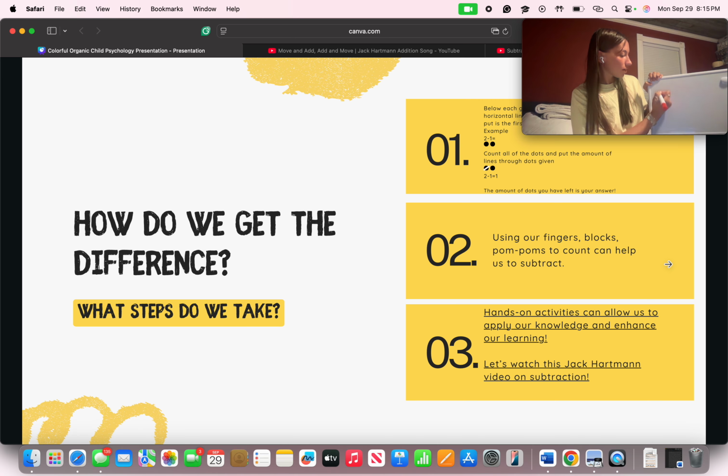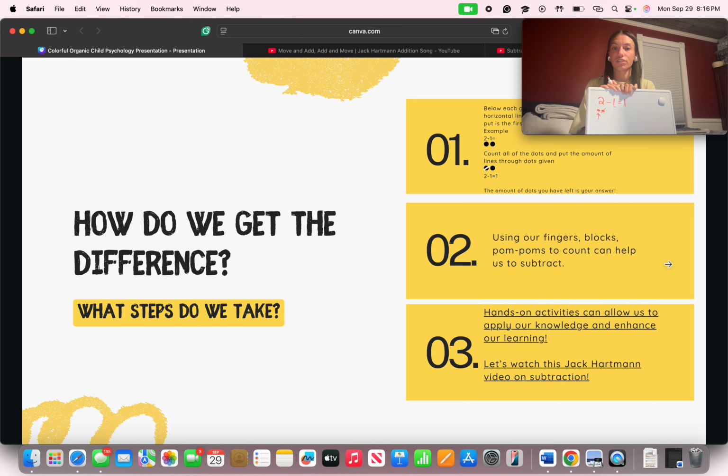For example, we're going to do the dots method again, but instead of putting dots under both numbers, you're only going to put dots under your first number, which is the bigger number. So in this case, 2 minus 1, you're going to put 2 dots. The second number will tell you how many dots you need to take away. So 2 minus 1, you're going to take away one of your dots, and you are left with 1 dot. And that is 2 minus 1 equals 1.